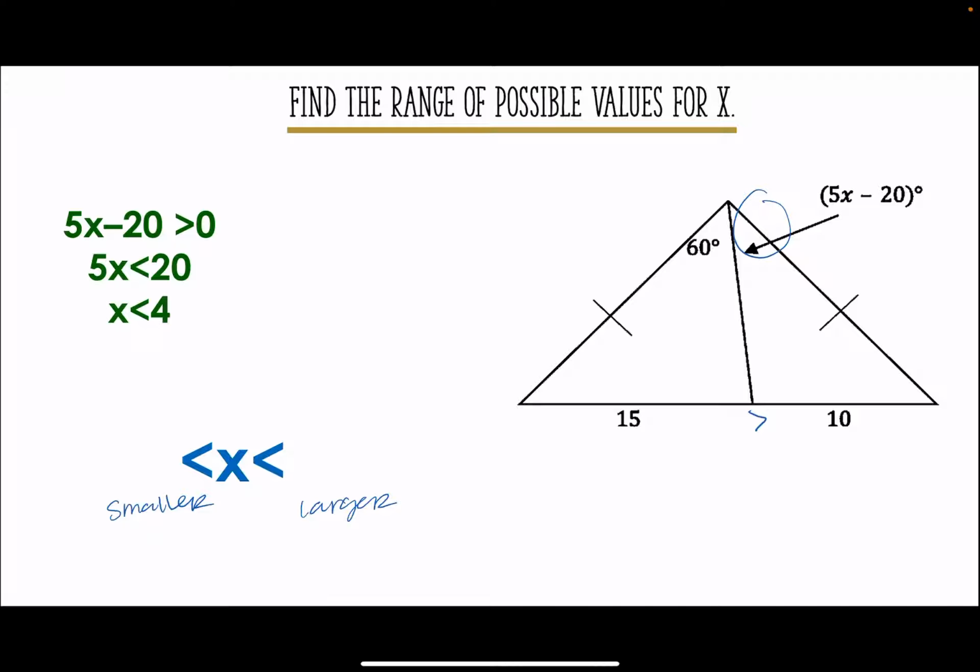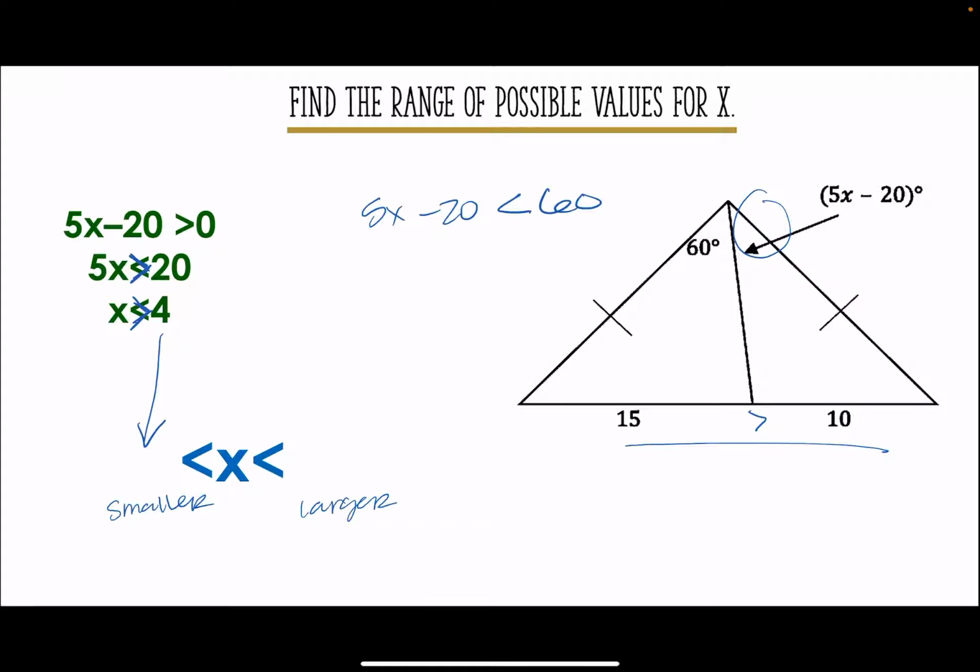Added the 20 over, solved for x, and I got x has to be less. Oops, I swapped my signs. x has to be greater than 4. So we're going to drop that smaller number in. Then I'm going to use this right here, and I'm going to write my inequality saying that 5x minus 20 is going to be smaller than 60.